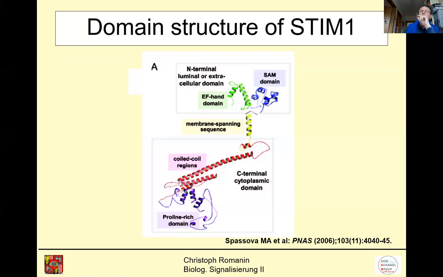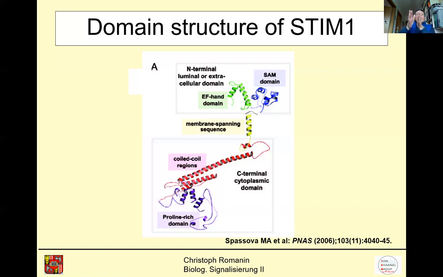you may remember these regions we have already heard about, coiled-coil regions. These actually are very important regions or domains that are known to be important for protein-protein interactions.